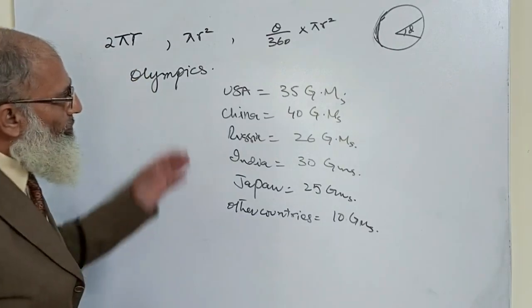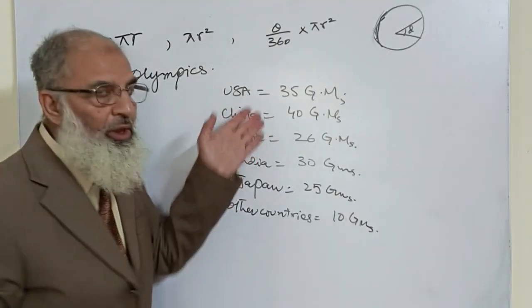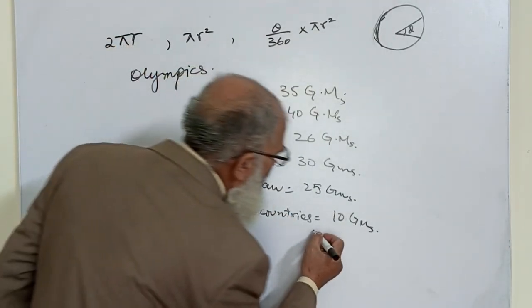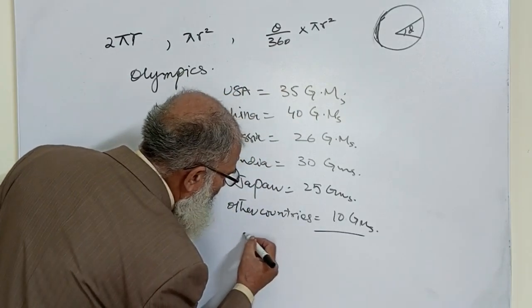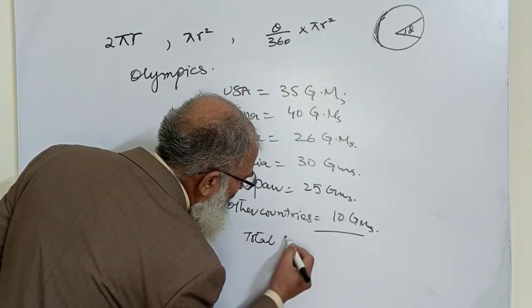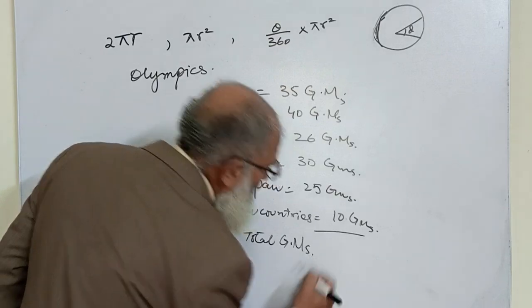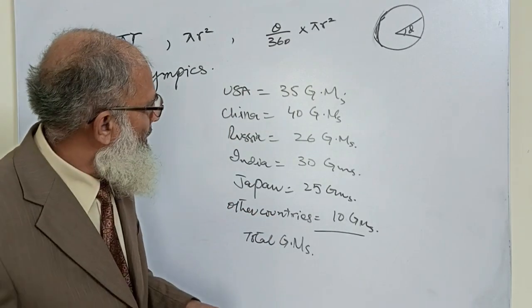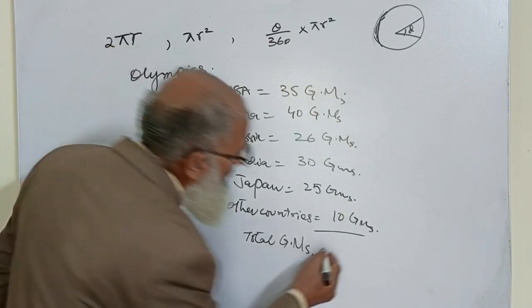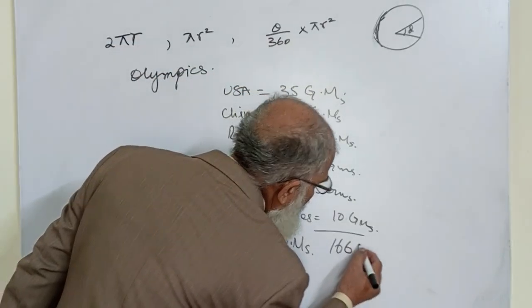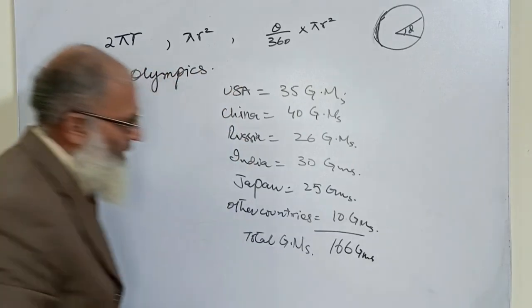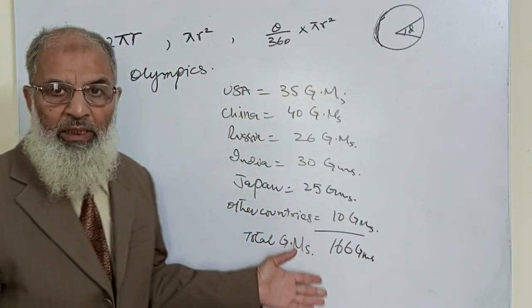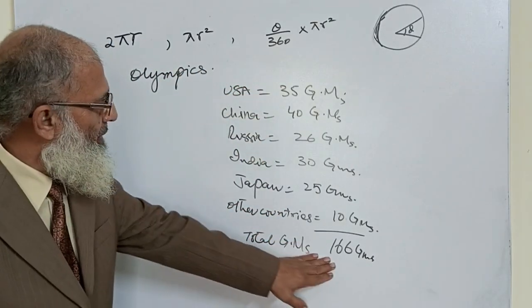Now the total count for these gold medals, total gold medals. Now how many are the gold medals? 166. Now you see the total gold medals are 166.